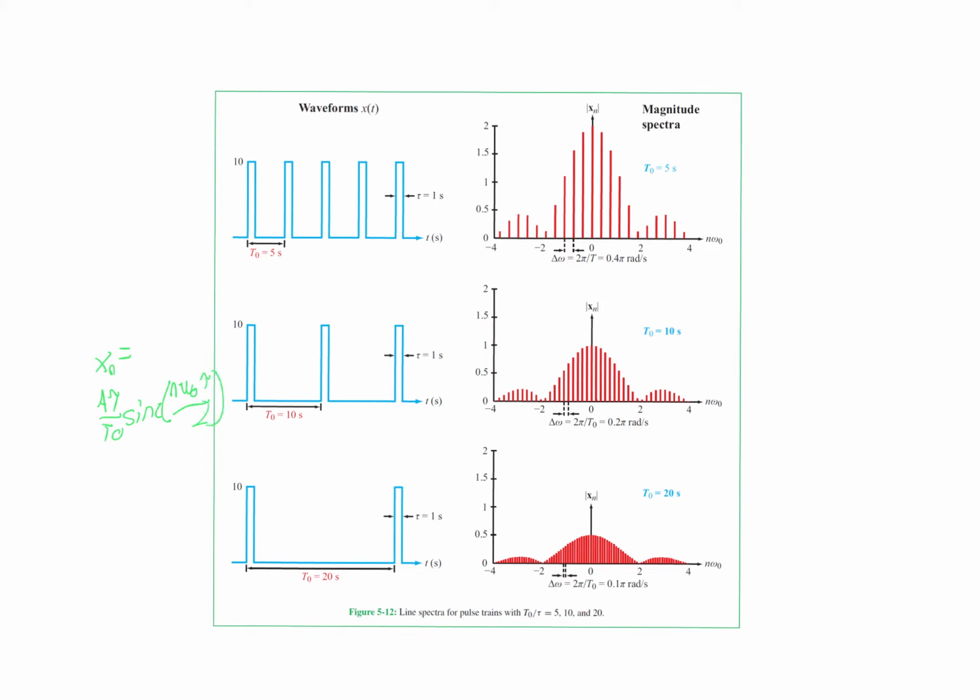over 2. So now we're showing what happens for a given tau, which in this figure is 1 second long, as we make t0 get longer and longer. Notice as you let t0 increase that the frequency step, the omega naught, gets smaller and smaller and smaller. And therefore, I need n to be higher in order to get up to the same omega.